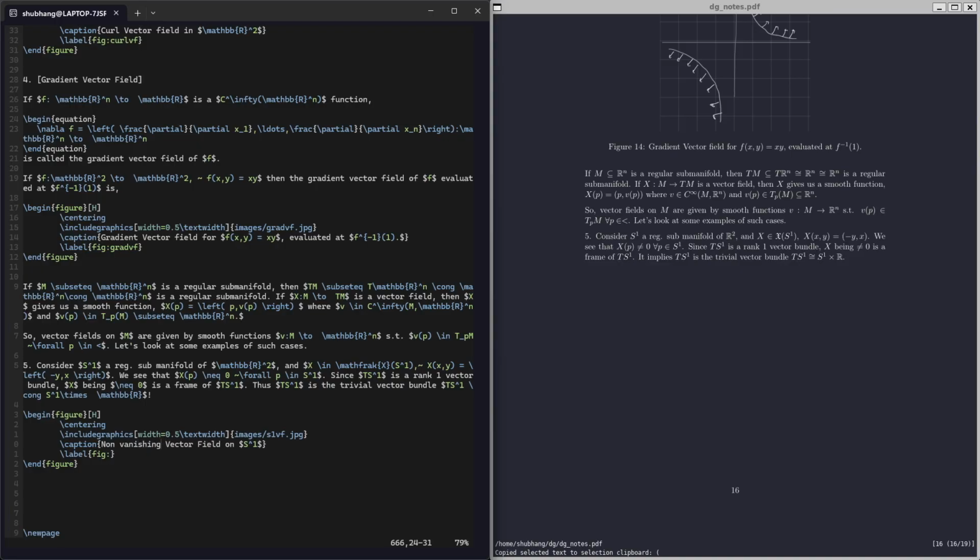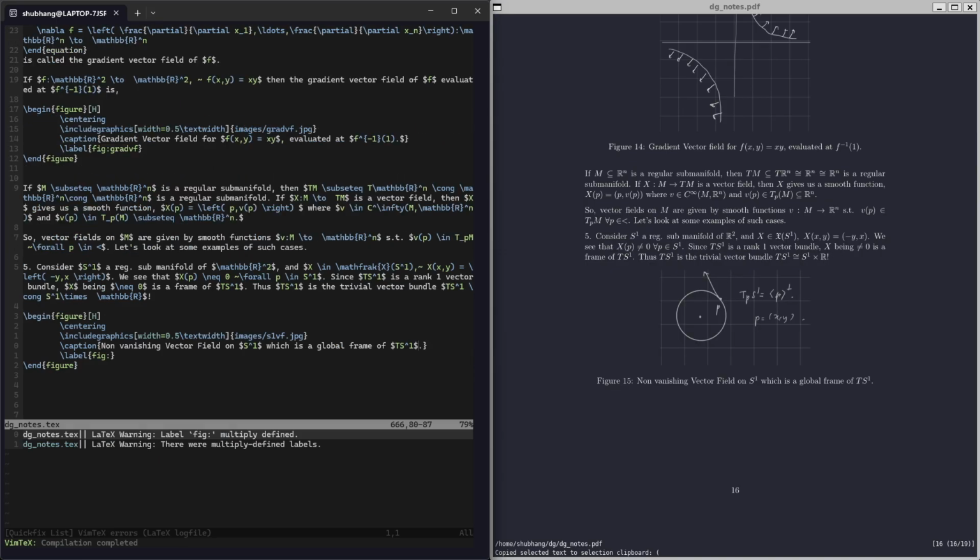A non-vanishing vector field on S1, which is a global frame on TS1, and just a one-dimensional subspace. So this is non-trivial.